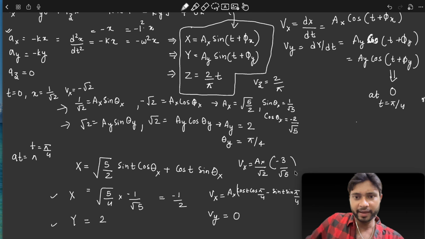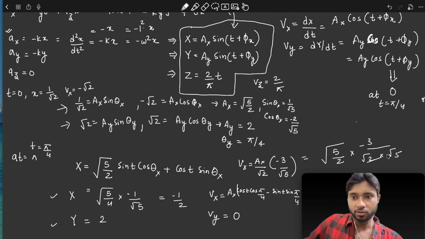I hope my calculation is right. I'm not very sure. The value of Ax was root 5 by 2, so this will turn out to be root 5 by 2 into minus 3 into root 2 into root 5. Okay, so root 5 cancel, root 2 into root 2 will be 2, so this will be minus 3 by 2.